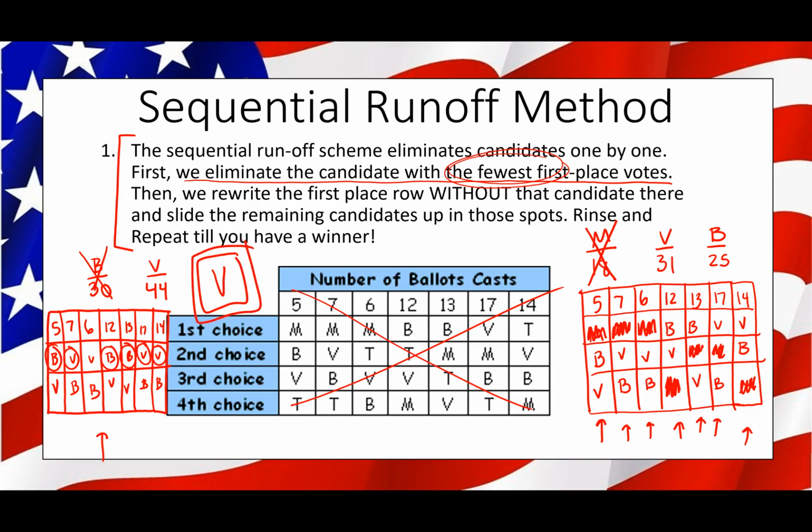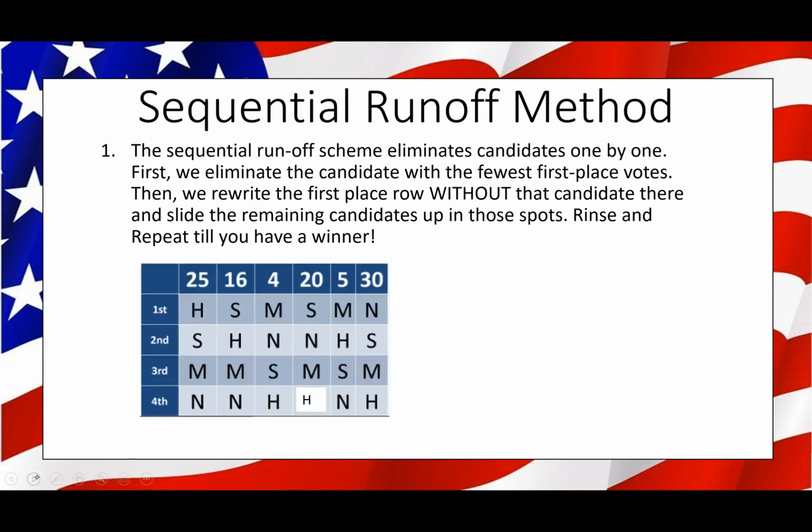Yes, this is a long process, but I'm going to show you a faster way where we don't really rewrite it. We're just going to cross it off and then imagine things sliding up. So let's just do one more. So we've got H, S, M, and N. The first thing we do is we count the fewest first place votes, right? We have to find who has the fewest first.